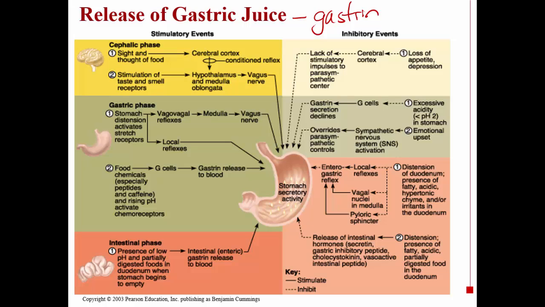Seeing, thinking of food, smelling, tasting, or events that occur in your stomach can stimulate the release of gastrin, such as when your stomach stretches, or when the chyme gets to the intestinal phase. There are things that can stimulate the secretion of gastrin, such as partially digested food, because there's a lot of fatty food. Likewise, there are things that can inhibit the release.